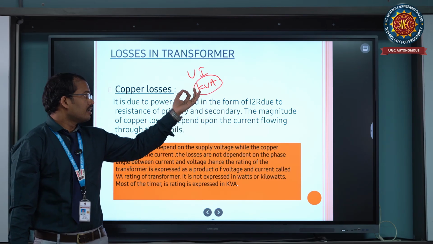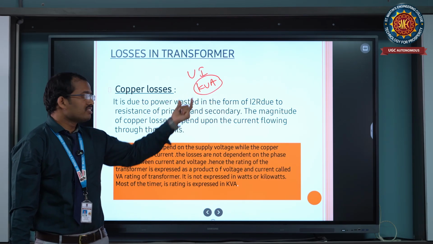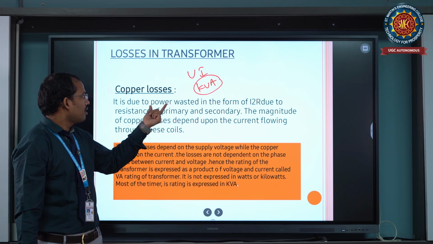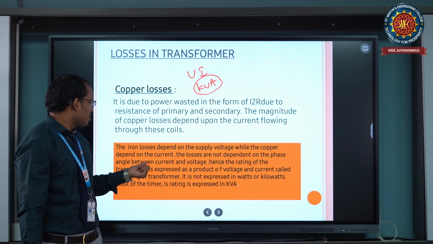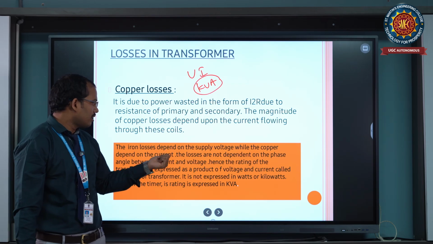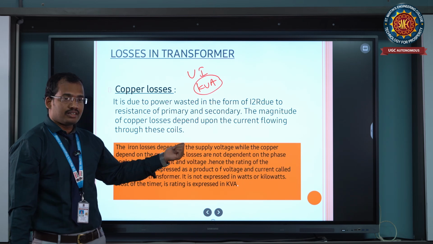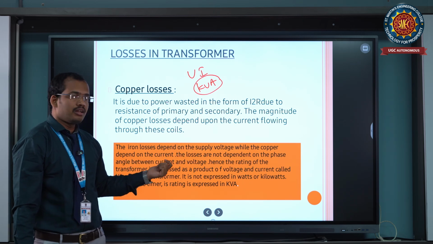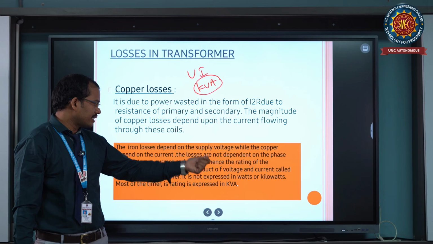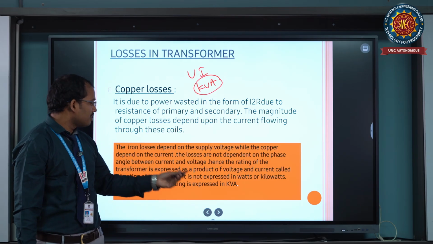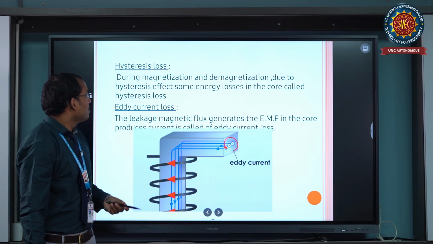We use these to represent the capacity of the transformers. So this is the losses of the transformer. Copper losses occur with the current from primary to secondary, and iron losses occur with the voltage levels, primary voltage to secondary voltage. So these are the copper losses and iron losses of the transformer.